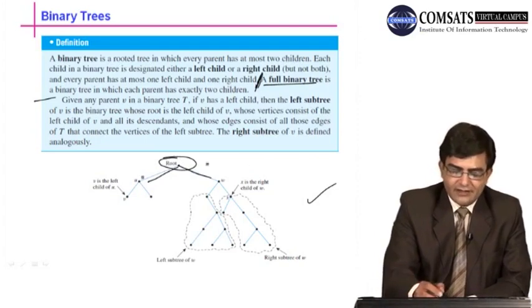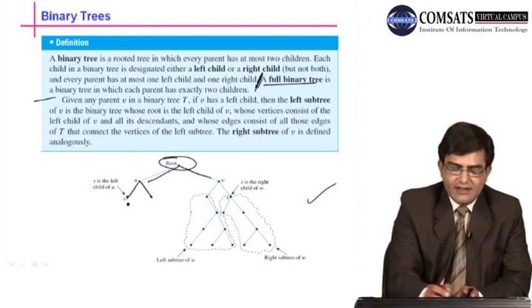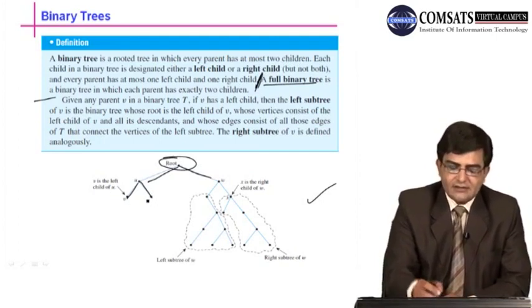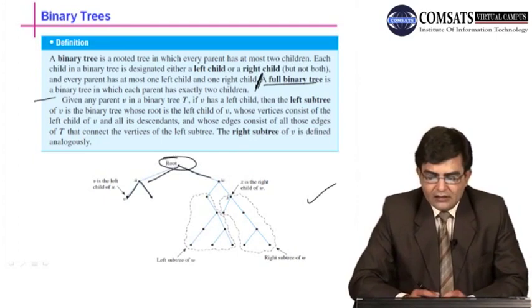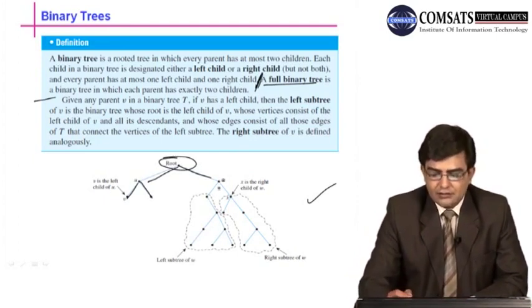Further, u has 2 children, for example v1 and v2. Then v is the left child of u and this vertex is the right child. And w further has 2 children, one left, one right, and further this has one child, and x has 2 children.